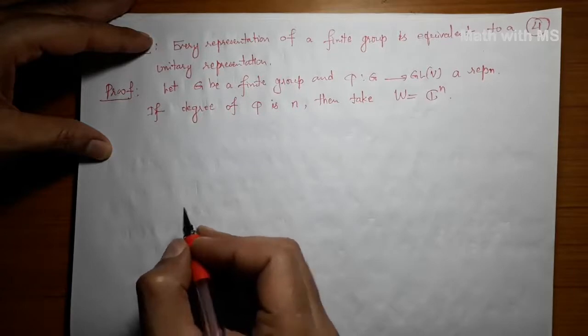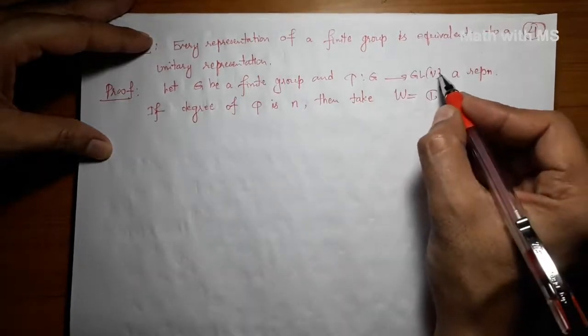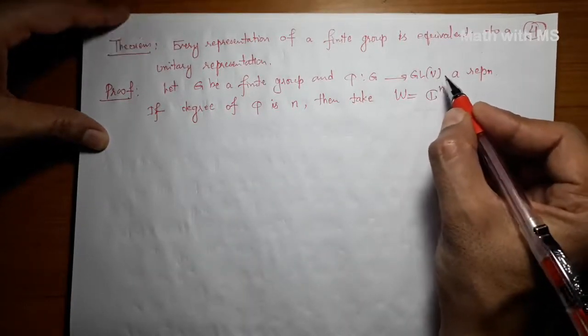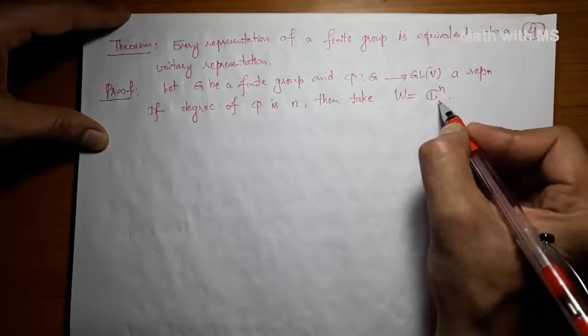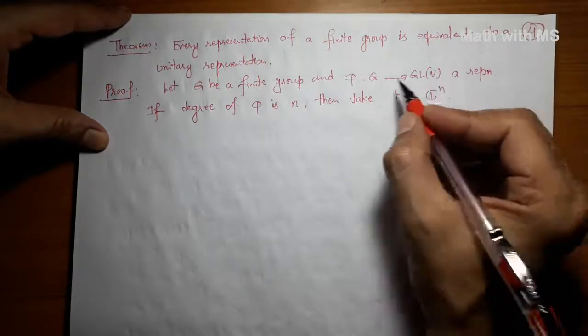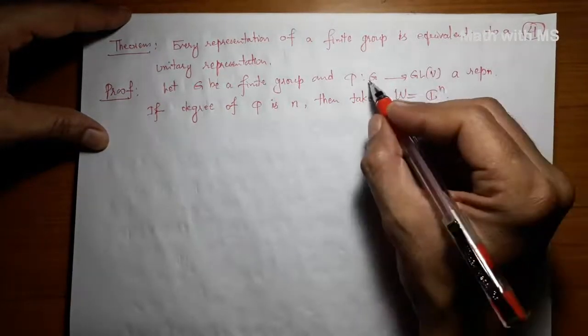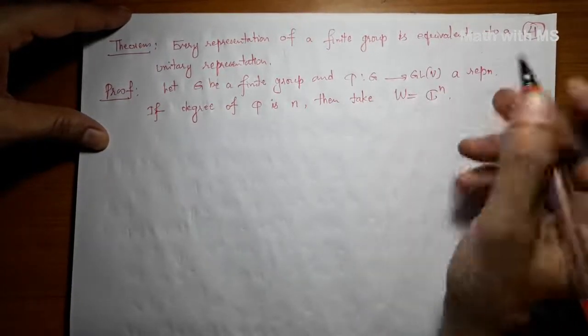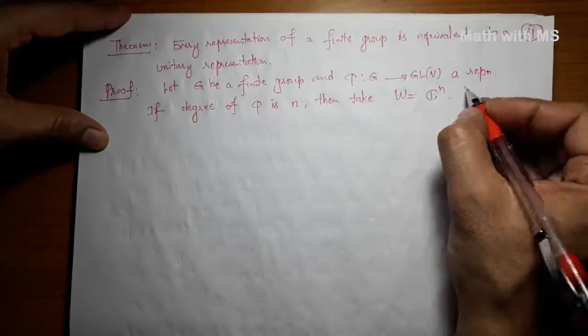Okay, and we know that fixing a basis of the vector space V and taking the standard basis of C^n, there is an isomorphism between them, and using that isomorphism we can define a representation here, which by definition will be equivalent.